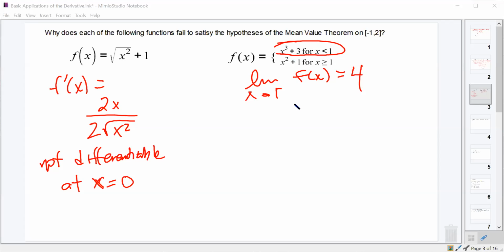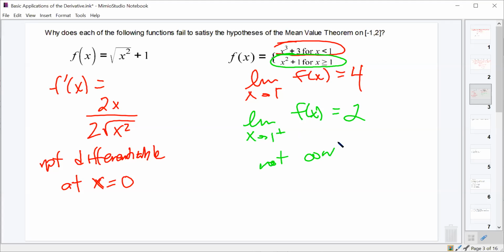And if we take a look at the limit as x approaches 1 from the right, we should be looking at the bottom piece. What does that equal? 1 squared plus 1 is 2. And so because those limits are not the same, the function is not continuous at x equals 1. Everybody good there?